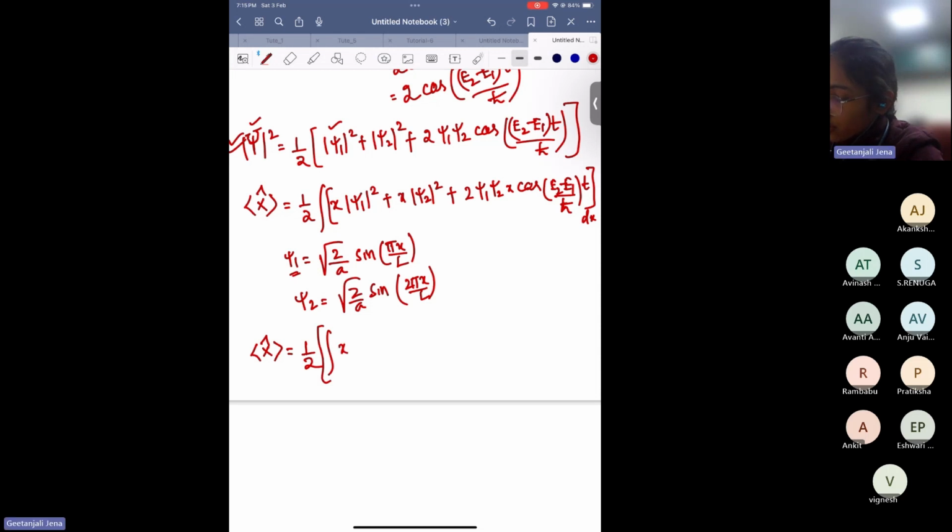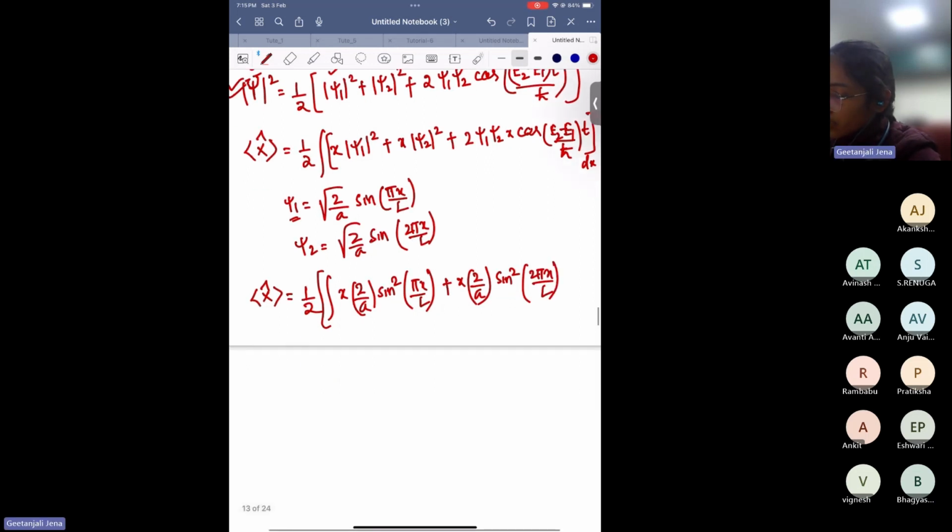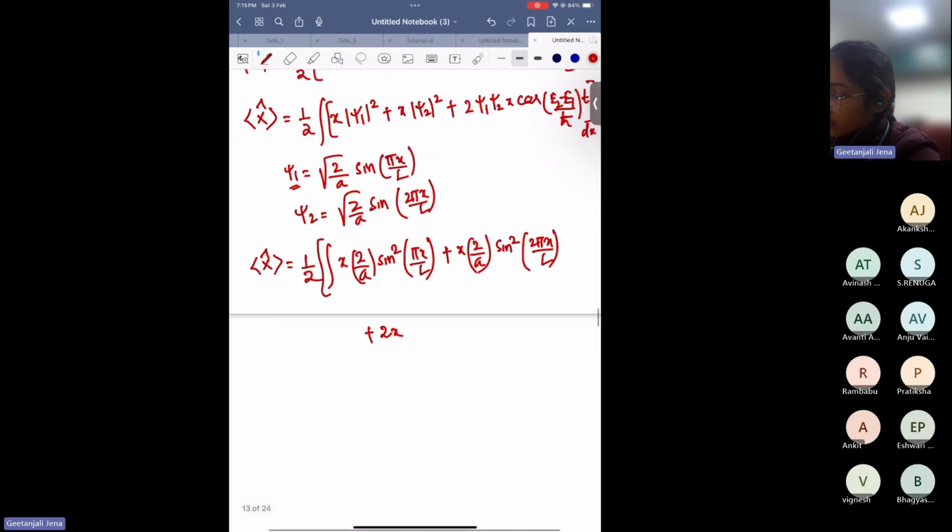This is x, there will be 2 by L sine square pi x by L. The other term is x into 2 by L sine square 2 pi x by L. And the third term will be 2x sine pi x by L sine 2 pi x by L, and there is a cos term here, and dx.